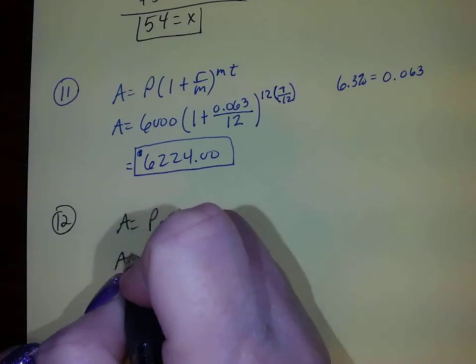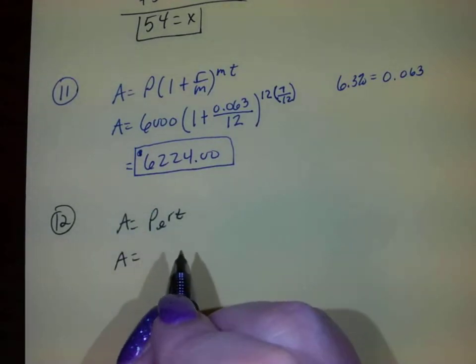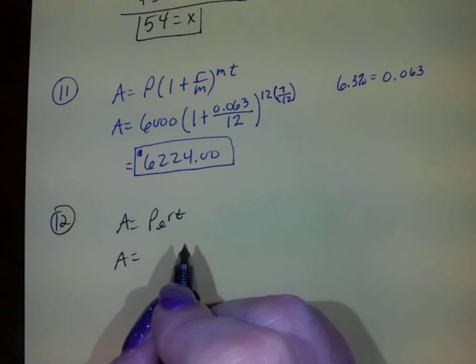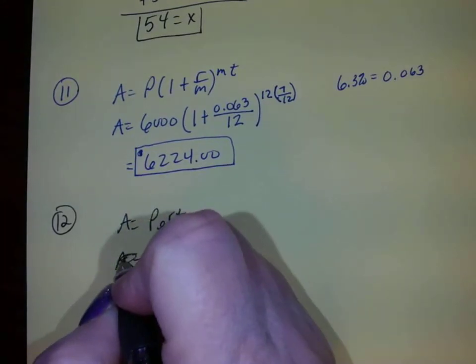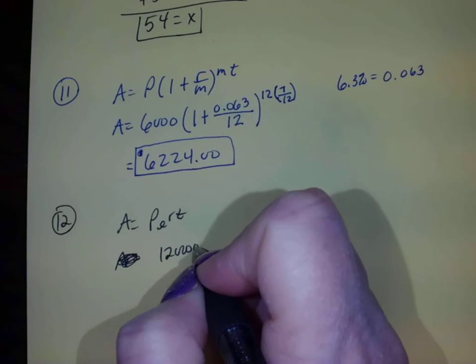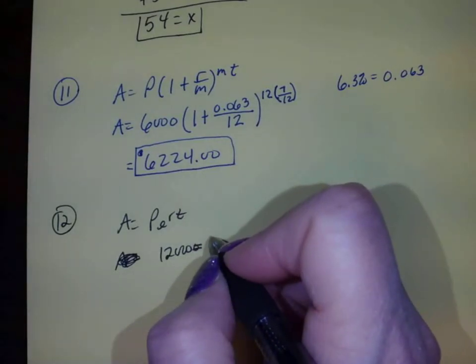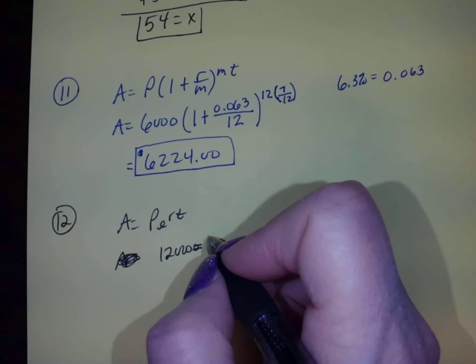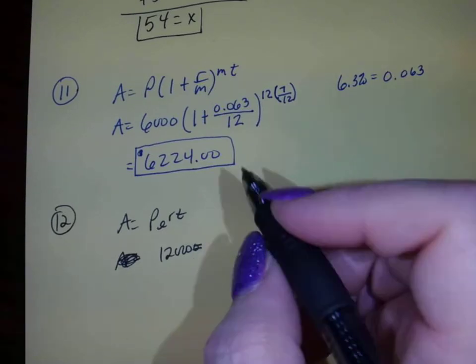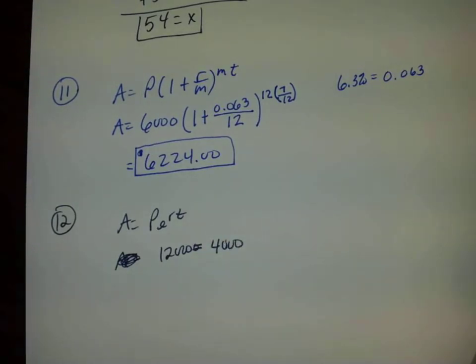So how much will be in the account? We were told that the amount in the account grows to 12,000. So we've got 12,000 is equal to the principal, which was 4,000, and an interest rate of 7%.